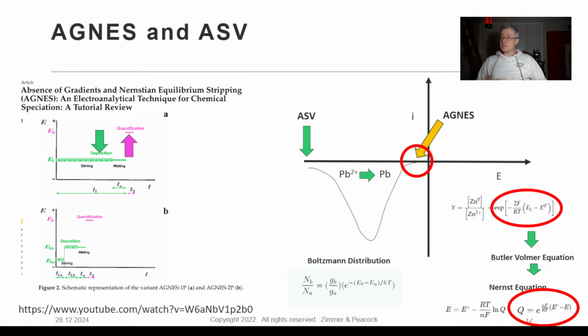Whereas with AGNES, if there are different complexes, for example of lead or zinc, you may not necessarily deposit all of those complexes, because some of those complexes may be harder to reduce than other complexes. So it's this application of potential, relatively close to the equilibrium potential, that is a difference between AGNES and ASV.